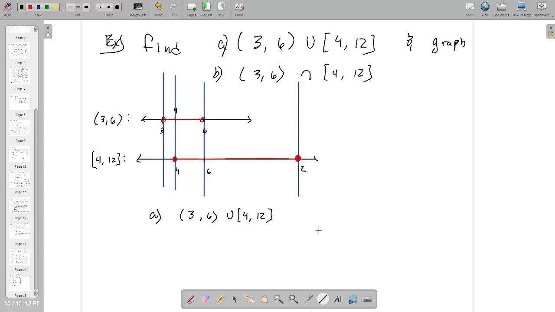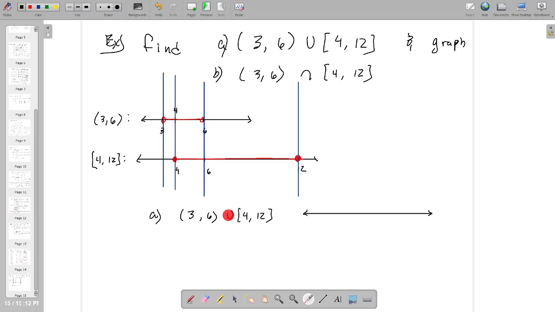So let me go ahead and plot this line. Note that the red line here is within the first set only. This line, because it's shaded on both graphs between 4 and 6, is contained in both sets, and then this red line is contained only in the second set.